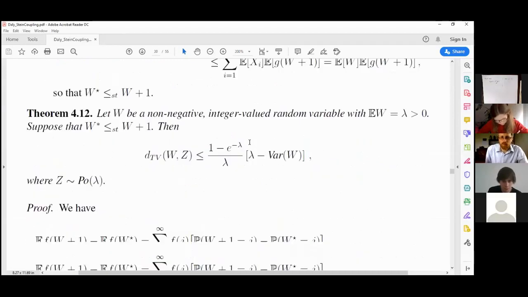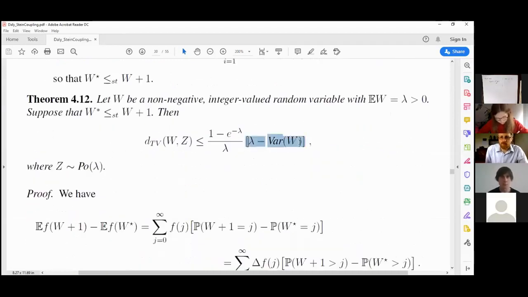A very simple upper bound just depends on, let's say, the first two moments of my W. Let's think of W as a sum of dependent Bernoulli random variables. It doesn't actually have to be, but that's usually the example we're going to think about. I can write down upper bounds which don't need me to know about the covariance between all the terms in that sum.